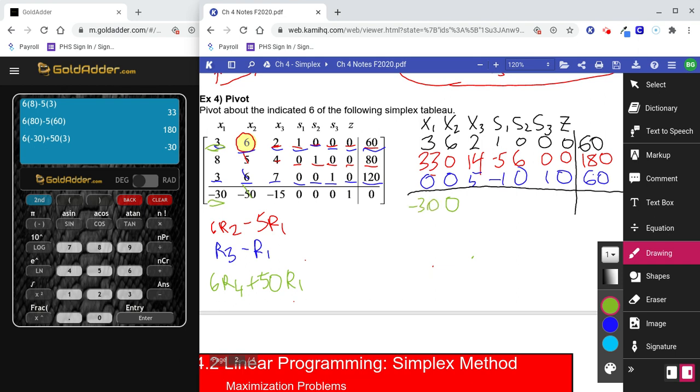Okay, so 6 of these is negative 90, plus 50 of those is plus 100. That's going to be 10.